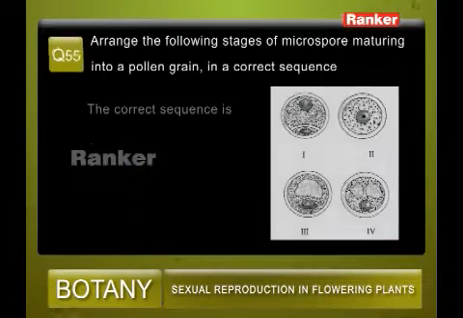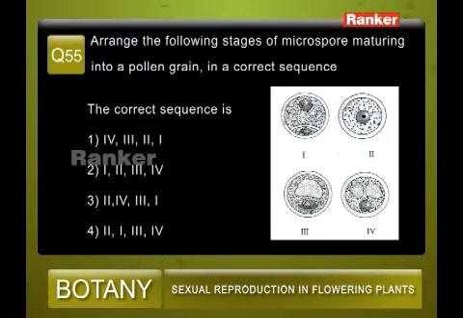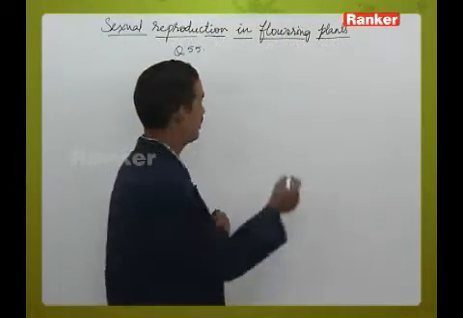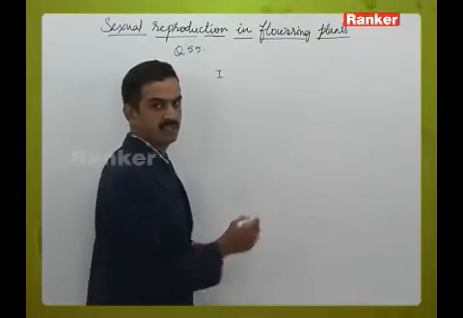Question number 55, arrange the following stages of microspore maturing into a pollen grain in a correct sequence. Here it's a diagram related question. So in the diagrammatic part, it is given as 1 with this type of diagram.